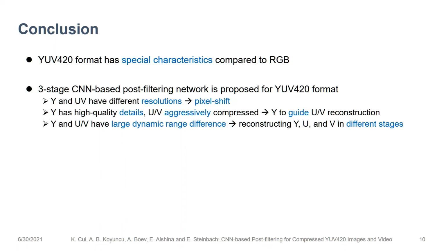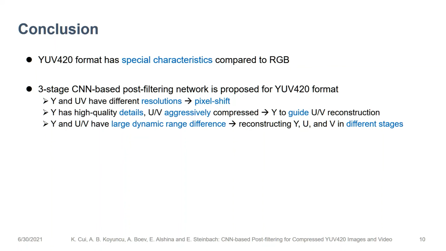Due to the resolution differences between Y and UV channel, we introduced the pixel shift operations. Because the high-quality details are in Y channel and UV channels are more aggressively compressed, we use the Y channel to guide the reconstruction of U and V channels.